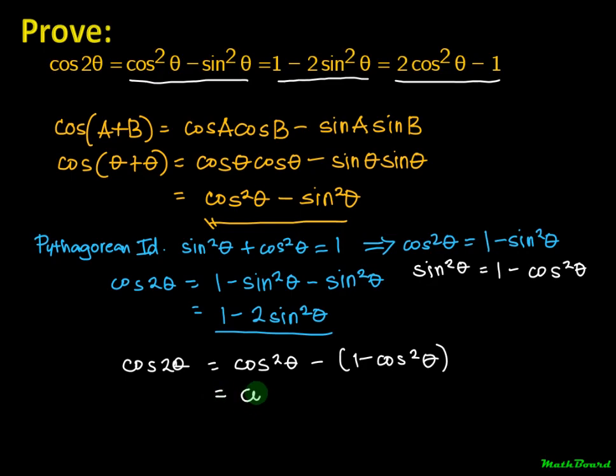Therefore, simplifying this, we have cosine squared theta. Negative times 1 is negative 1. Negative times negative cosine squared is positive cosine squared theta. And cosine squared theta plus cosine squared theta, that is 2 cosine squared theta minus 1. So, na-prove din natin na yung cosine 2 theta is equal to 2 cosine squared theta minus 1.